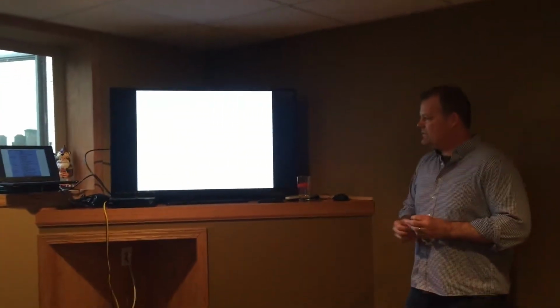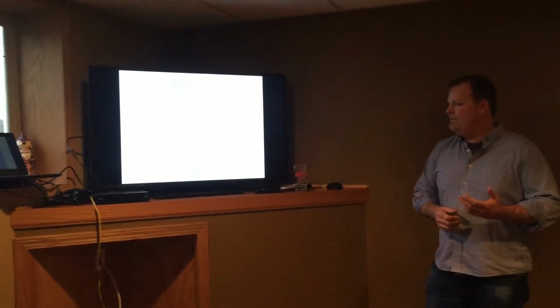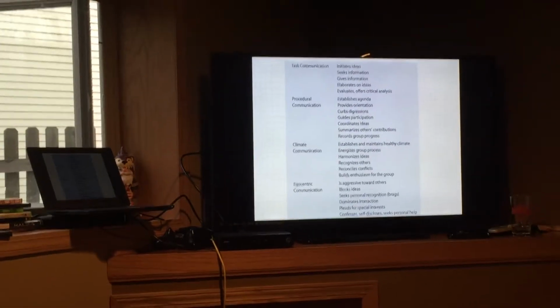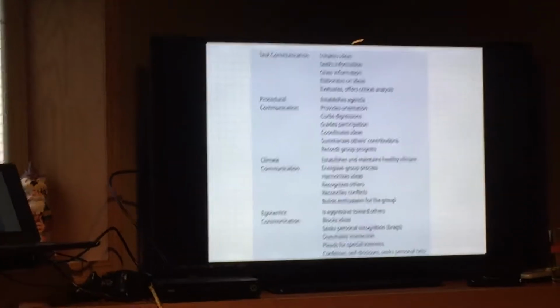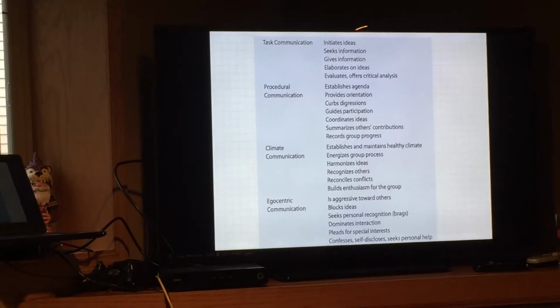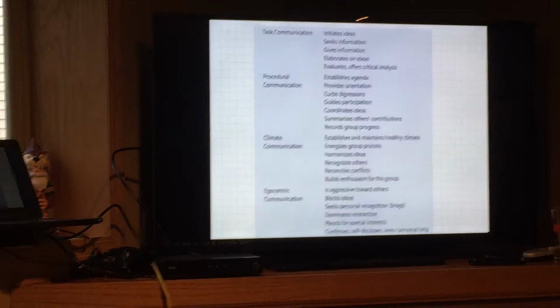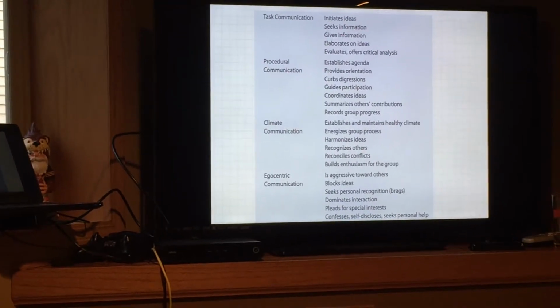And then climate, this is more cultural. So make sure it's very positive, harmonize ideas, recognize others, reconcile conflicts, build enthusiasm. Keeping it upbeat and positive is the cultural part of the communication amongst the team and the group. And then the bad one, which is egocentric communication.